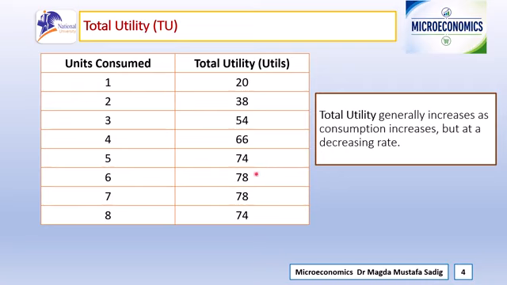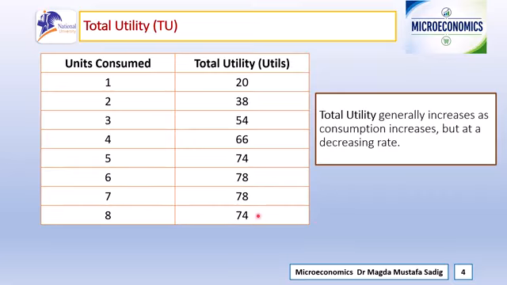Eventually, total utility stops increasing altogether, so it remains 78 when the consumer consumes the 7th unit. After consuming too much of the product, total utility may even begin to decline. Observe between 7 and 8, total utility starts to decline.